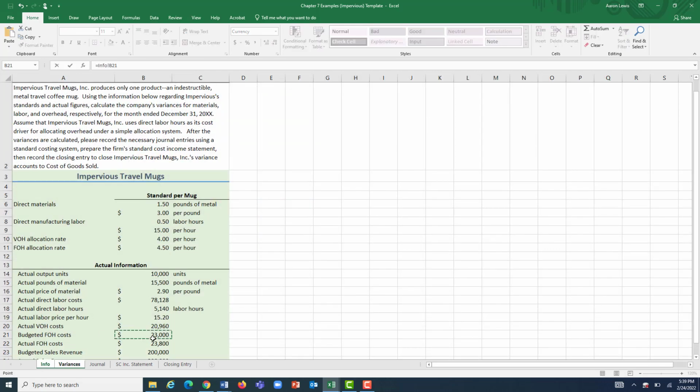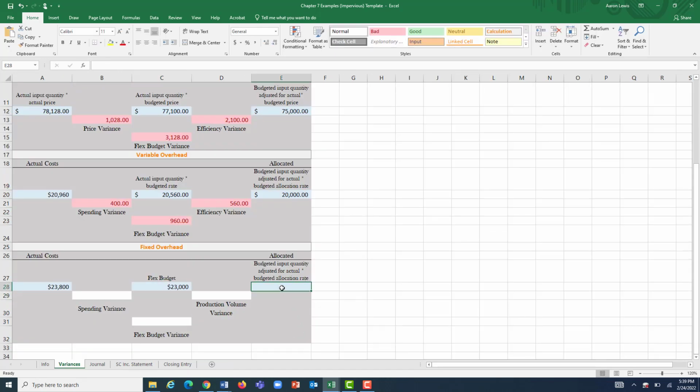We proposed to spend $23,000 on budgeted fixed overhead costs during the period. Now over here, we're going to determine what amount of fixed overhead would be allocated to our actual level of products that we made during the period under the standard costing system. And again, in the standard costing system, we allocate based upon what should have been adjusted to our actual production levels.